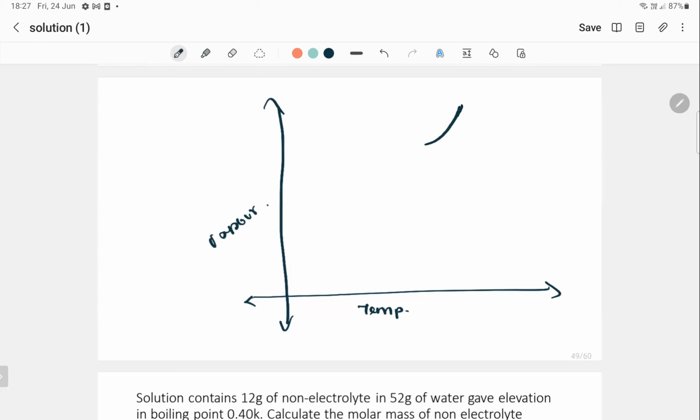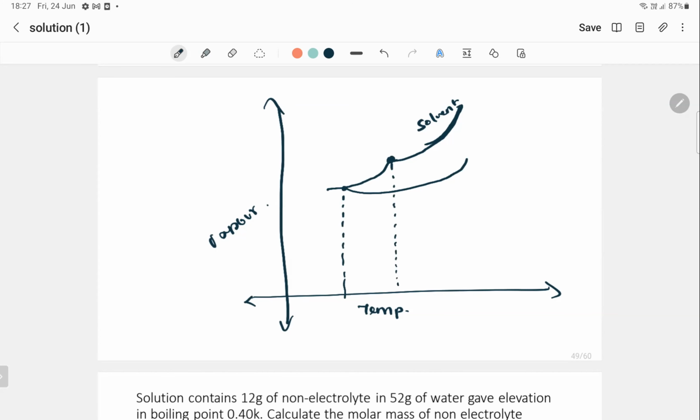So here your solvent will come to this point. Why have I marked this point? This is the point where your solid gets converted into liquid, and again completely it gets frozen. Now in solution, what happens? Solution again will come and join here. So this is a point and this is a point.